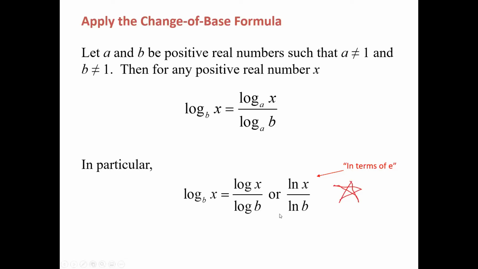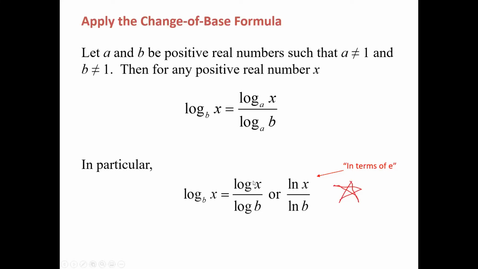Now, in an awful lot of final tests, they've given you a question where they put in some numbers for the b and the x, or numbers and letters. And then they ask you to give the answer in terms of natural log or in terms of e.